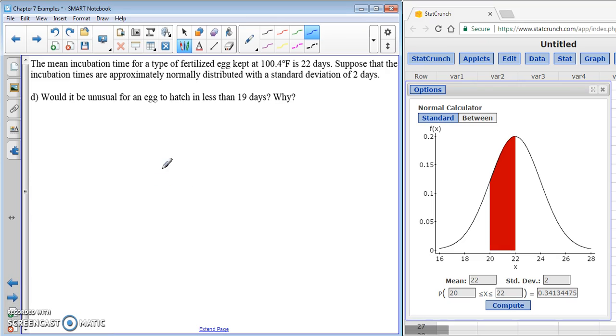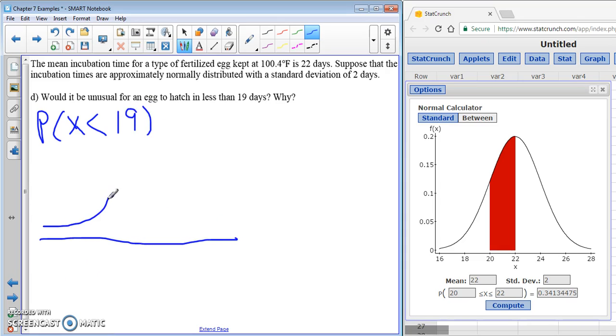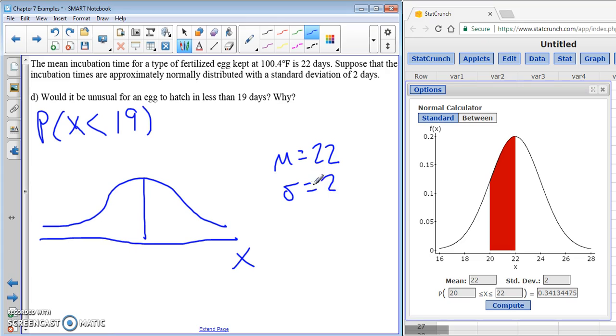So one more part here. We want to know, would it be unusual for an egg to hatch in less than 19 days? So we're looking at the probability that X is less than 19. Let's draw our curve again. Our mean is 22, standard deviation is 2.